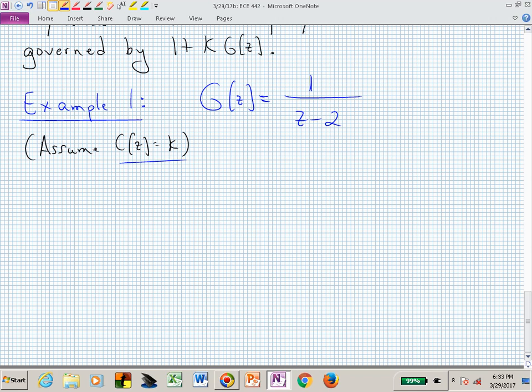What can you tell me about that plant? It's unstable, isn't it? So if you excited this system, if you hit this system with an input, it's going to go unbounded. Now do you know the structure of your response? What's the structure of your time domain response due to this system?